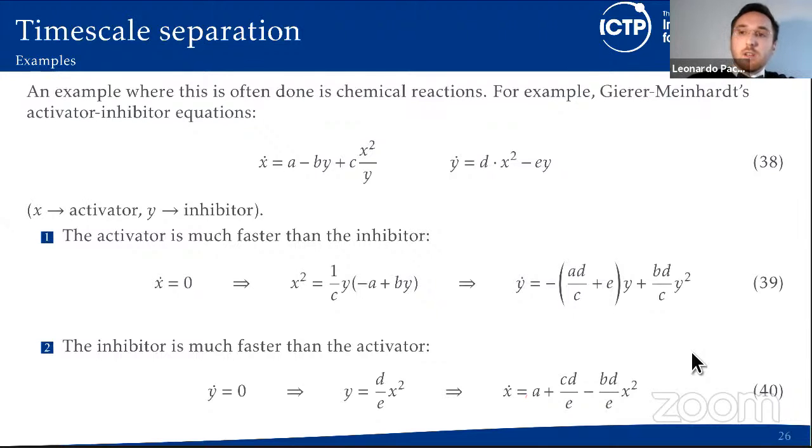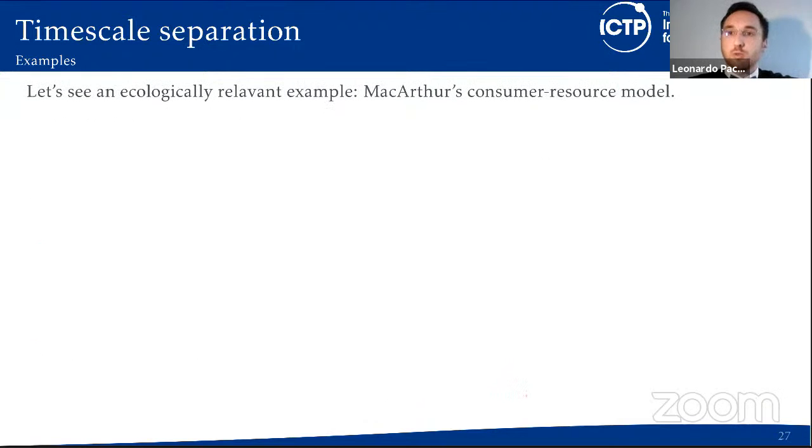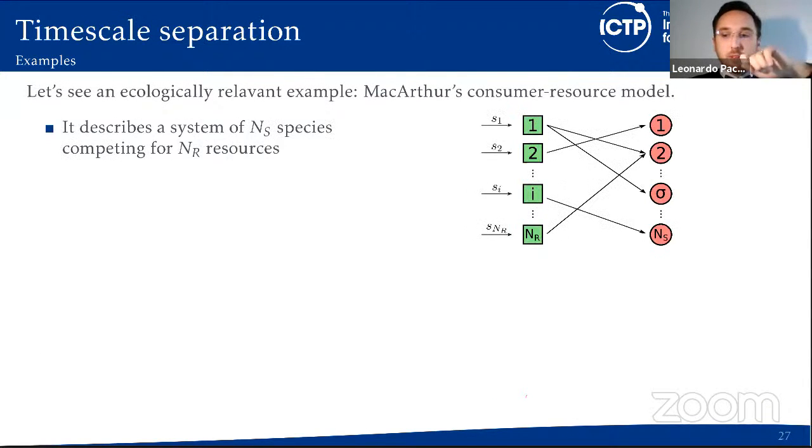Okay. So the other example, which is actually more relevant for ecology that I wanted to show you, is the so-called MacArthur consumer resource model. Now, this model basically describes a system of microbial species competing for some common resources. In particular, this here is a schematic representation of the model.